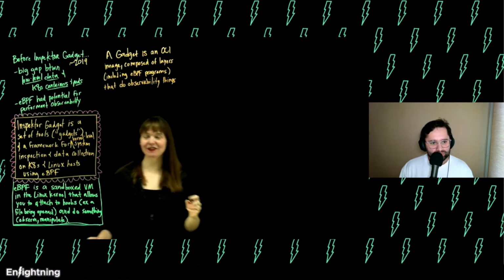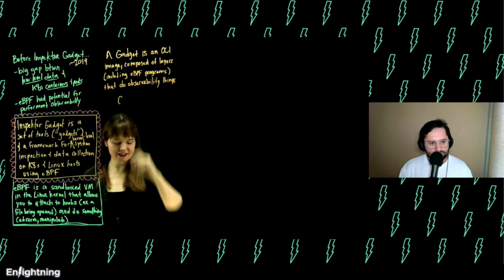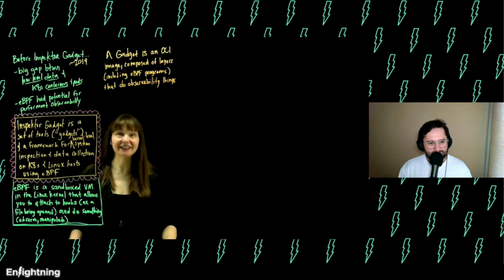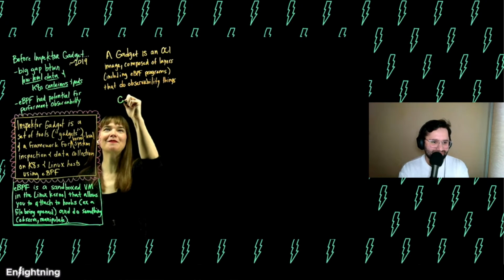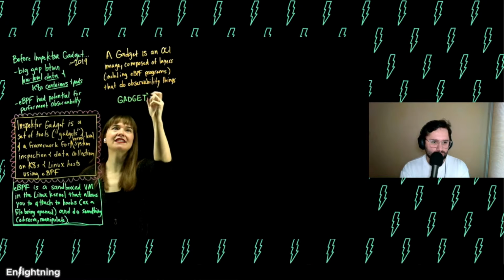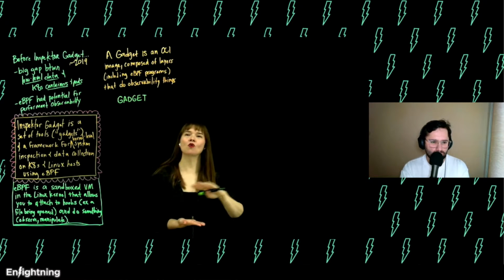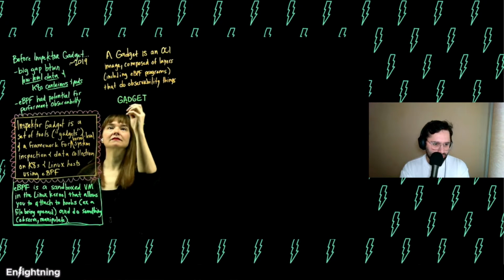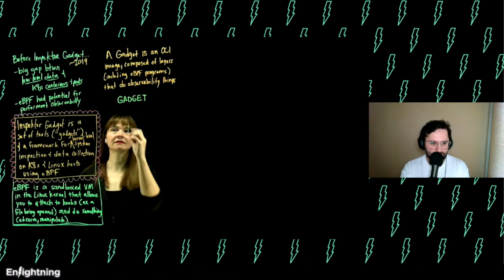Cool. And so now we have a gadget. Let's switch colors. I tend to write mostly in green and orange because they show up the best. Okay, so our gadget has layers. Does it matter? Is there an order to the layers? Not really. There is one which is mandatory right now, which is this layer of eBPF programs.